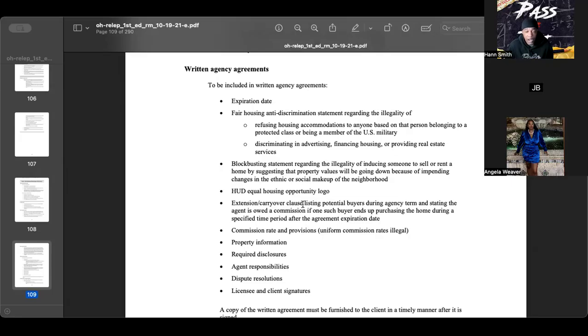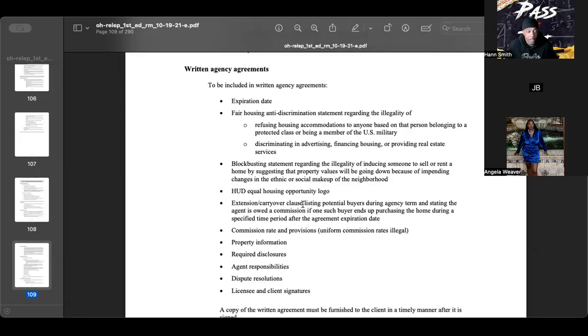Commission rate and provisions. So you have to have the commission that you're charging in there and how it's going to be split up. What you're going to give a buyer agent if they bring the buyer and what you're going to get. Obviously, you have to have the property information like the parcel number, address, stuff like that. Necessary required disclosures like lead-based paint, and that they have to fill out those types of documents.